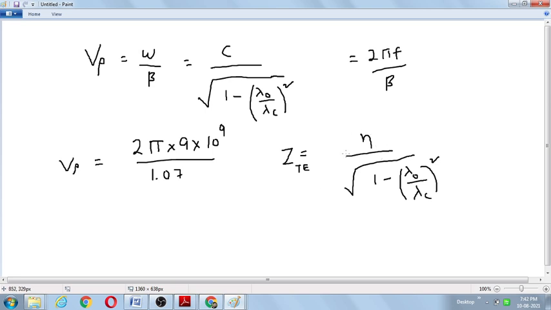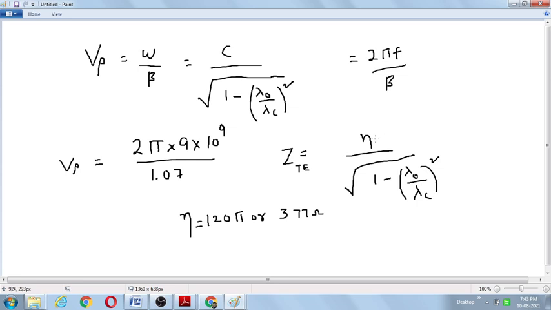So what is eta? Eta is equal to free space impedance, that is equal to 120 pi ohms, or 377 ohms. So substitute these values in this equation, we will get the characteristic impedance.